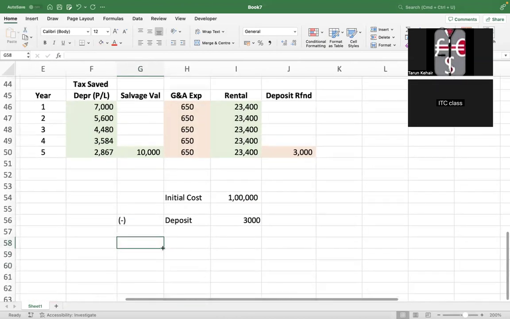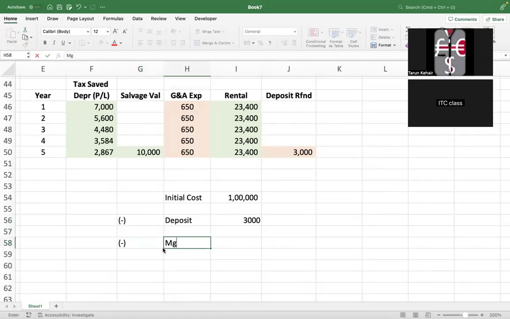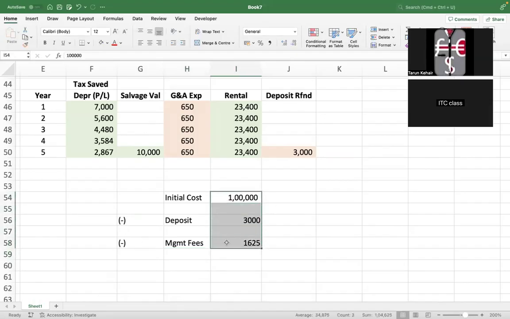Correct. So minus your management fees of 2500 into 1 minus 35%. So ये हो गया आपका management fees. So these are your costs.